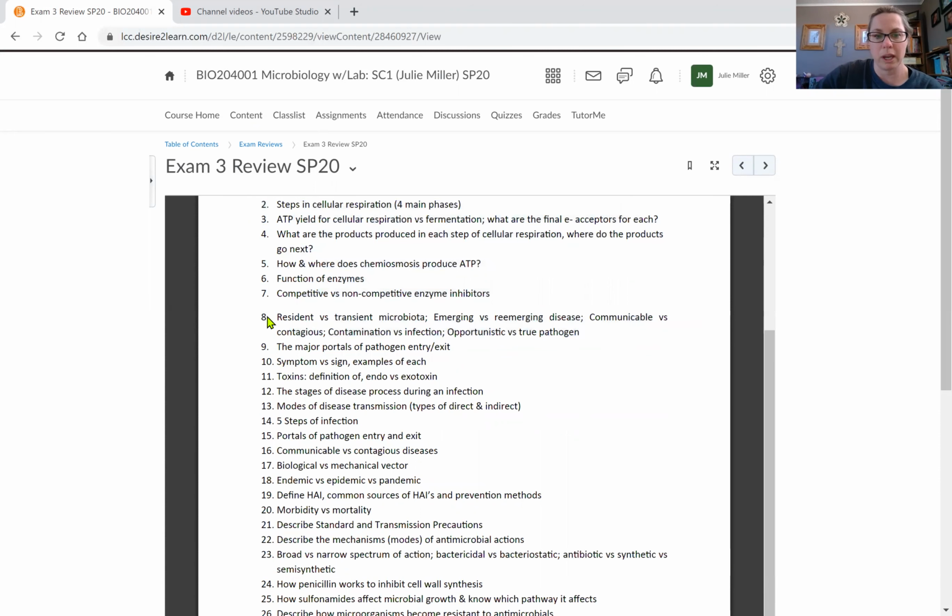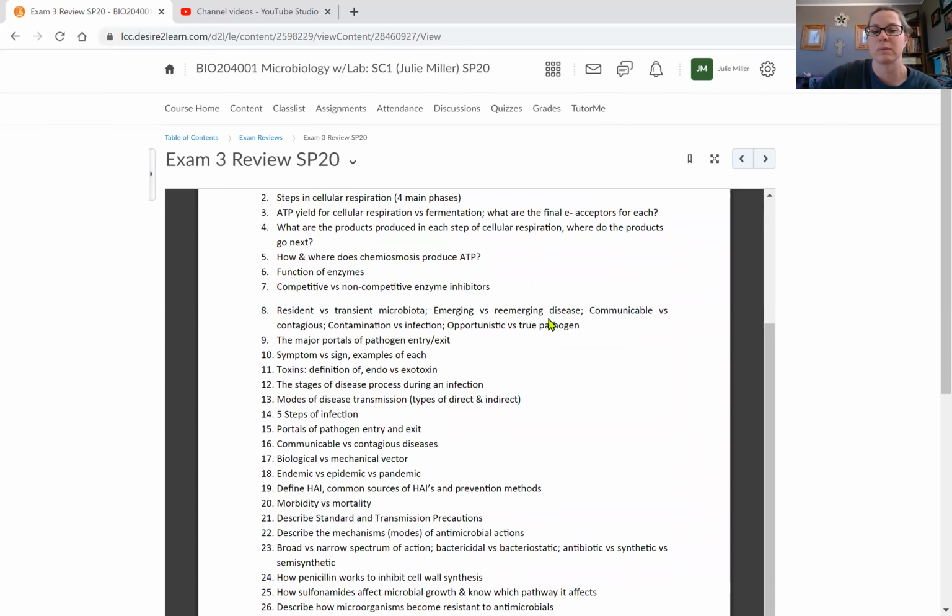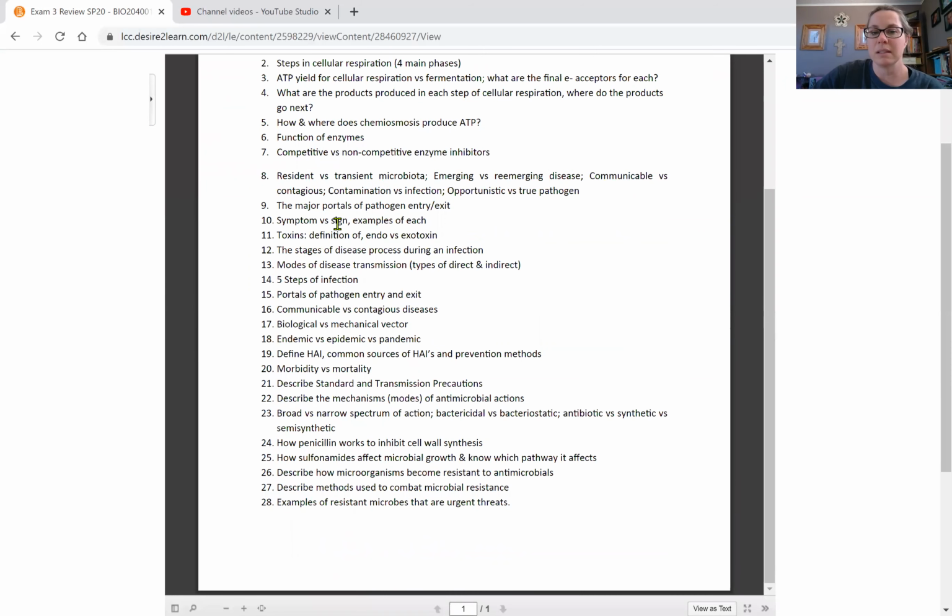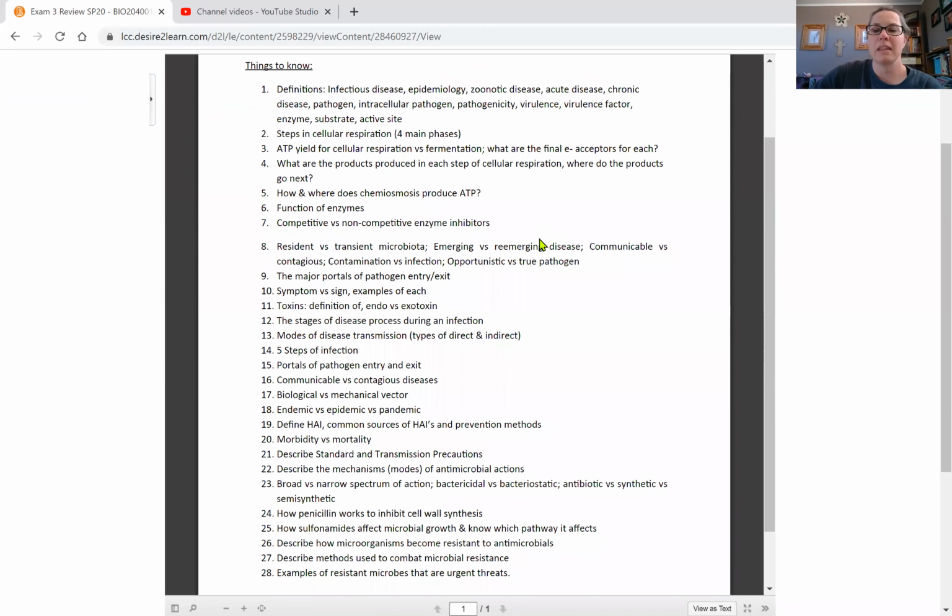Well, number 8 here. Resident versus transient microbiota, emerging versus reemerging. Really, those are just definitions and knowing the difference between those. Signs and symptoms, definitely know that and be able to give examples. Okay, so I think maybe those note cards or flashcards of some sort might really help you as well.